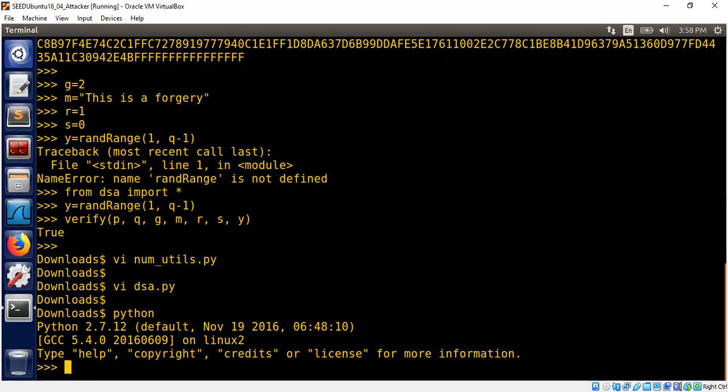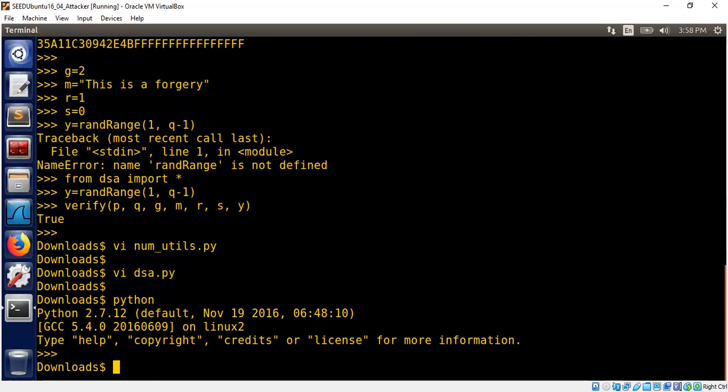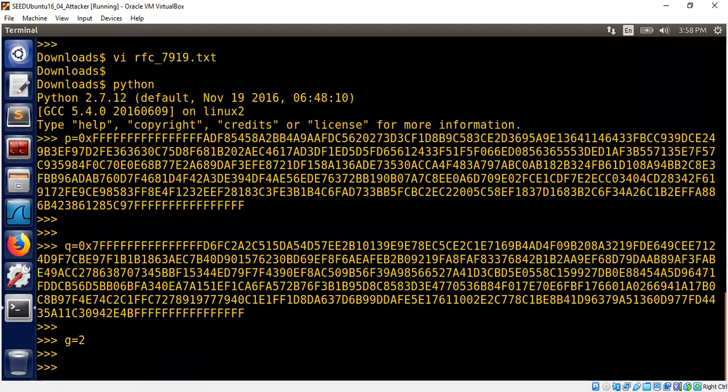I need to copy the PQG, all of the RFC data. And now I will set my message to be, this is a forgery. It doesn't matter whatever message you want to type. It will be hashed using SHA.